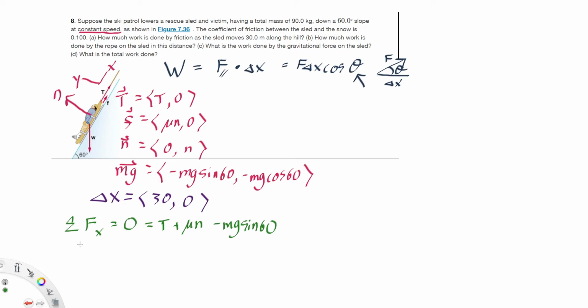And in the y direction, the sum of forces should also be 0. And we will have in that direction N minus mg cosine 60. Which lets us immediately say the amount of normal force we have is mg cosine 60.